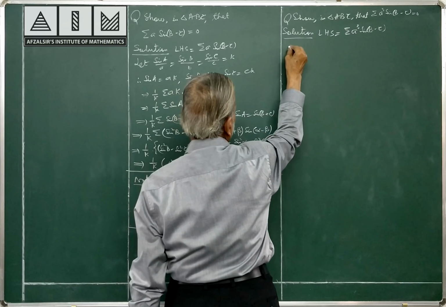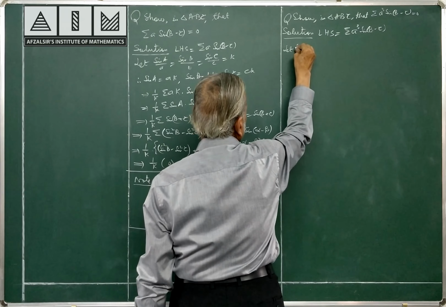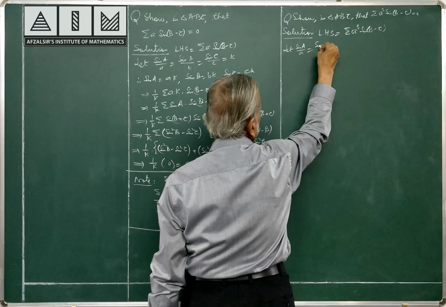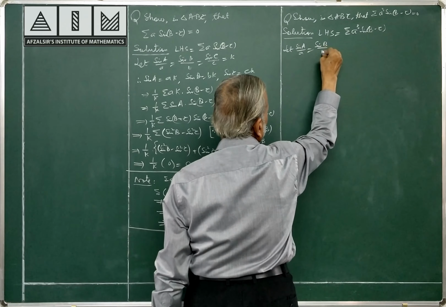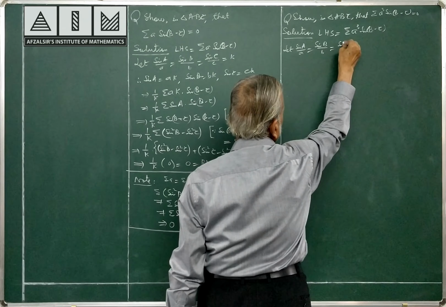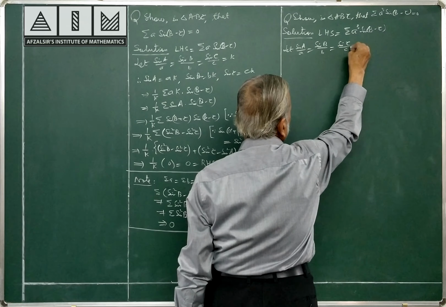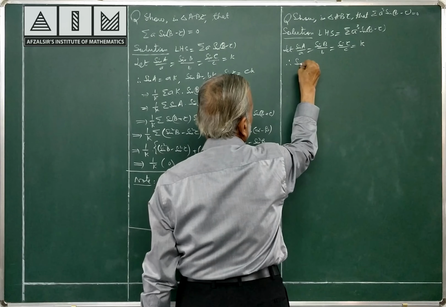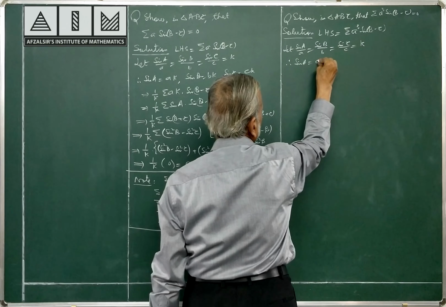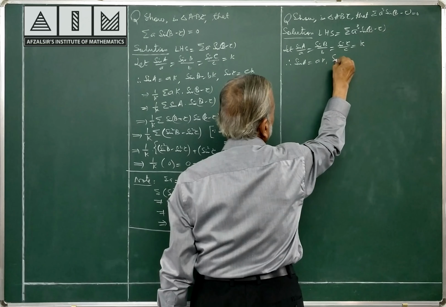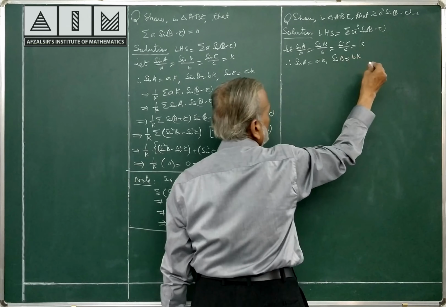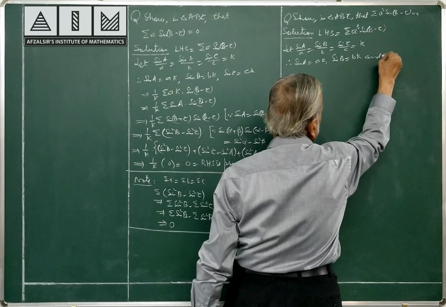I am writing now the same thing again. Suppose sin a by a is equal to sin b by b is equal to sin c by c is equal to k. So that sin a is ak, sin b is bk, and sin c is ck.